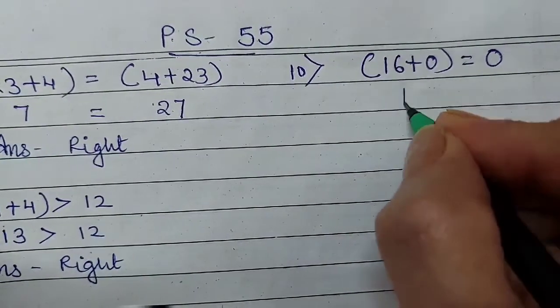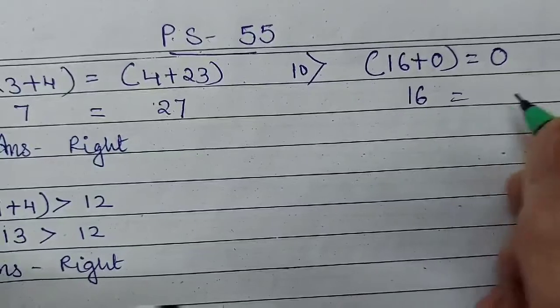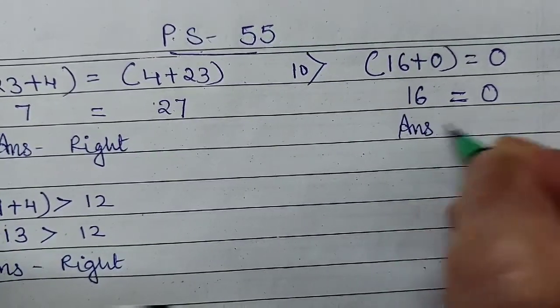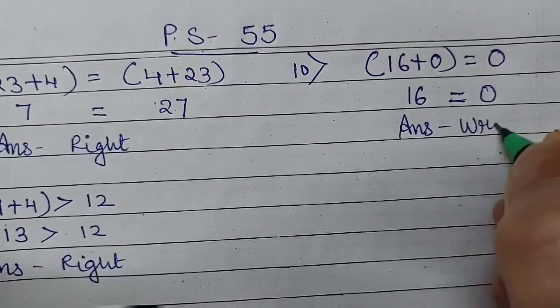Now 16 plus 0 is how much? 16 is equals to 0. So this is wrong. Answer is wrong.